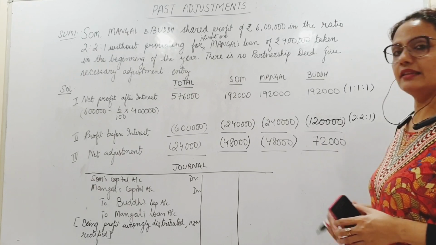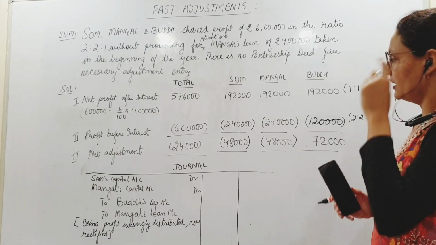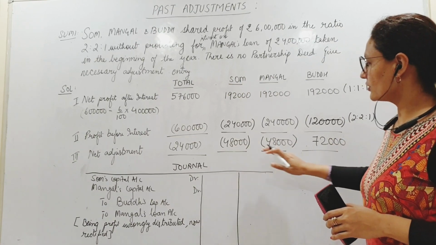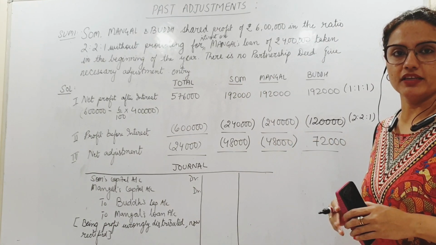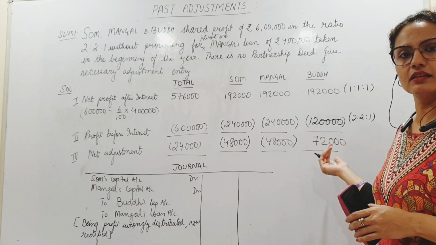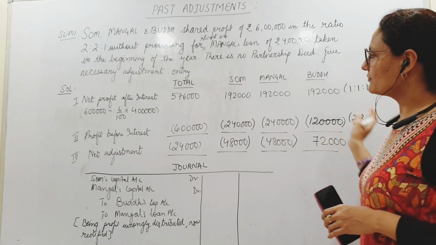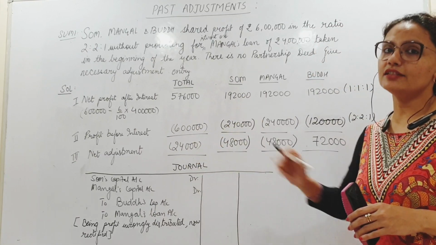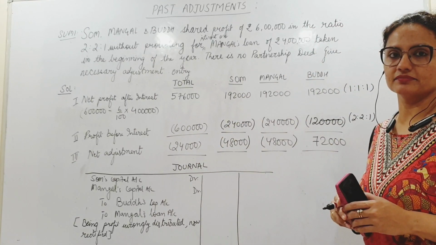Okay, but in this case it's a bit different. Here we have to give this 72,000 and take back the 48,000s. We are taking more and giving less, because we also have to give this 24,000 as interest on loan to Mangal.